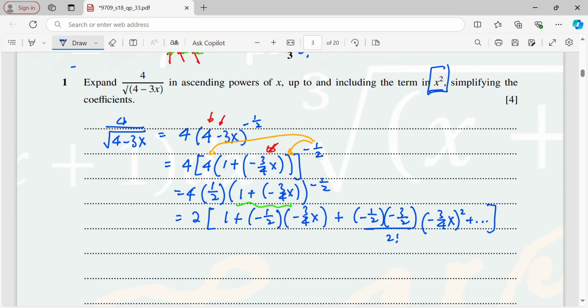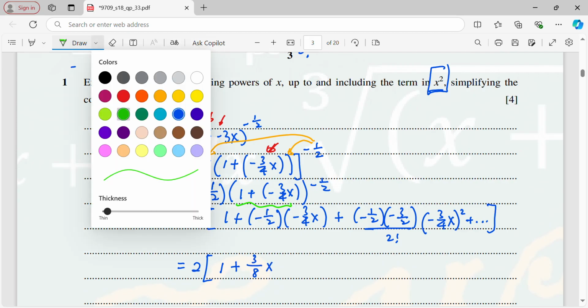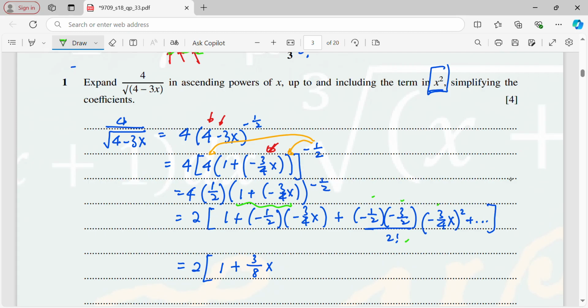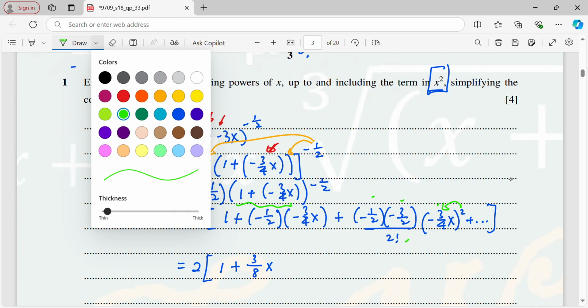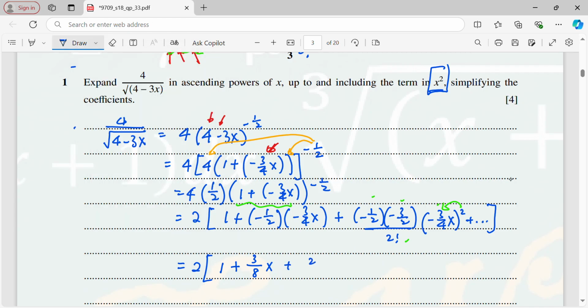Okay, and when you simplify the terms inside the bracket, the first term remains as 1. Then the minus half times minus 3 over 4 is basically plus 3 over 8x. Then this whole term, when you simplify, bringing in the square to the negative 3 over 4, at last you will be getting plus 27 over 128 x squared.